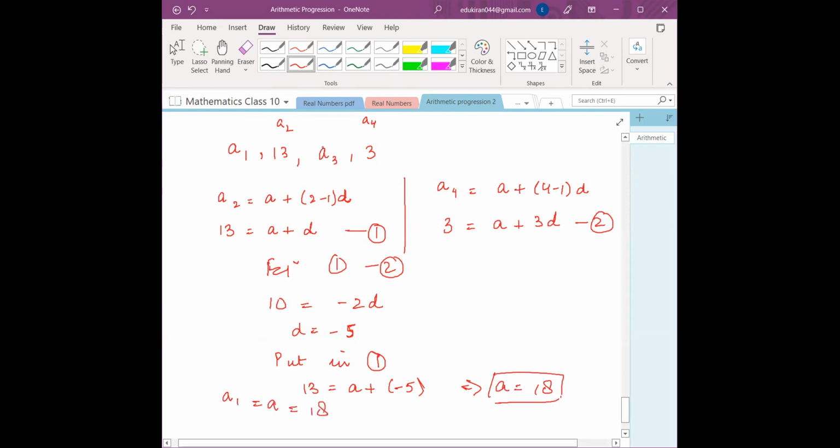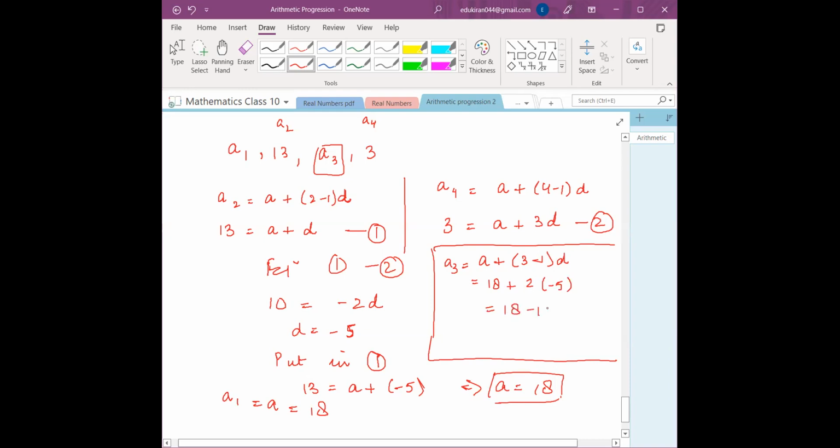Now you want to find the value of A3. So just put in the formula. A3 is equal to A plus 3 minus 1 into D. A and D now you already know. So 18 plus 2 into how much is D? Minus 5. So 18 minus 10, which is 8.